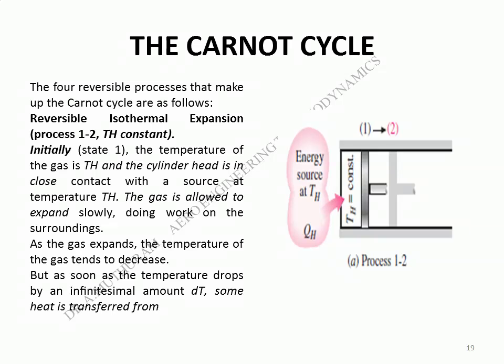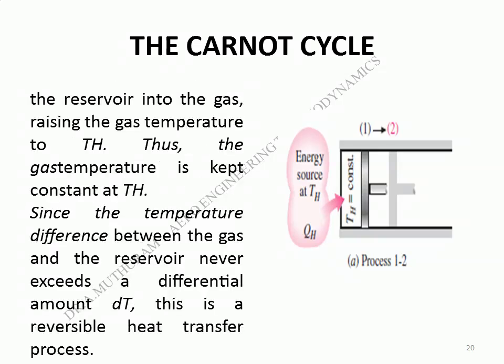As the gas expands, the temperature of the gas tends to decrease. But as soon as the temperature drops by an infinitesimal amount dT, some heat is transferred from the reservoir into the gas, raising the gas temperature to TH. Thus, the gas temperature is kept constant at TH.